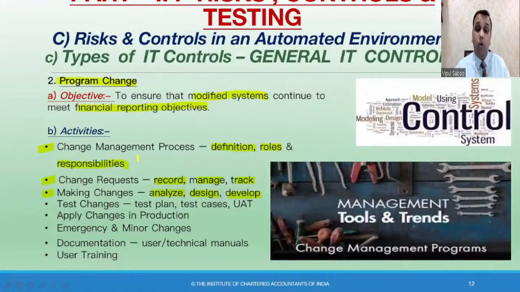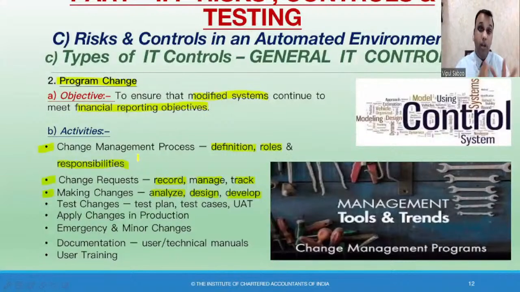Now we have defined a management process, right? If there is a change in roles, we have to define that. If there is a change required, how are you managing such change? Define what would be covered in the change, what person would be responsible for such change, and how are they going to execute such changes, which are required in the programs to be made.